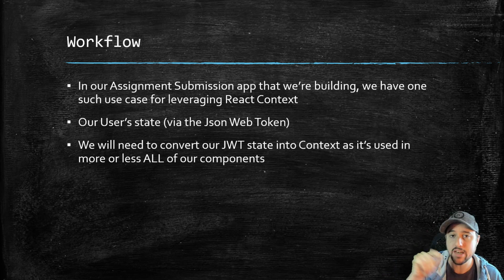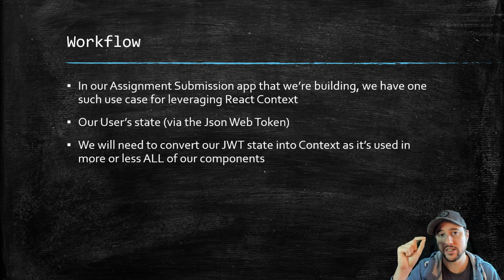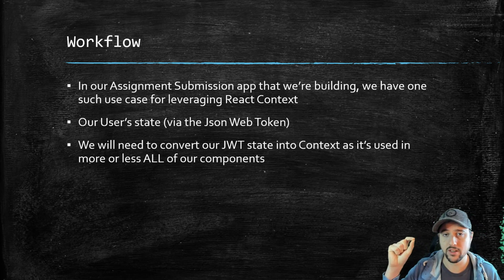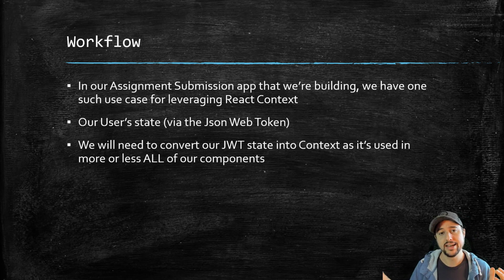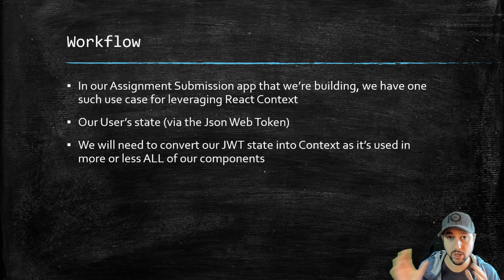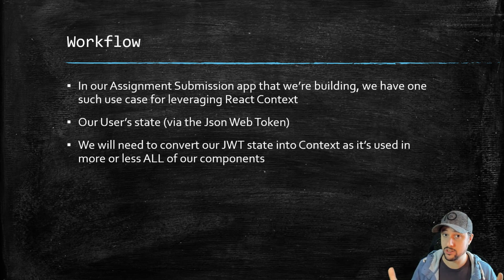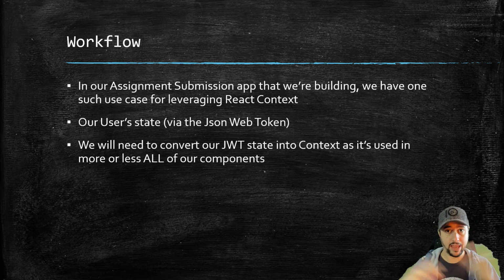So you'll see in every one of my components, I have the constant JWT, set JWT, and then I use the local state hook, and we have to grab it and read that value pretty much in every single one of our components. So this is a perfect use case for leveraging context because it's used everywhere, right?